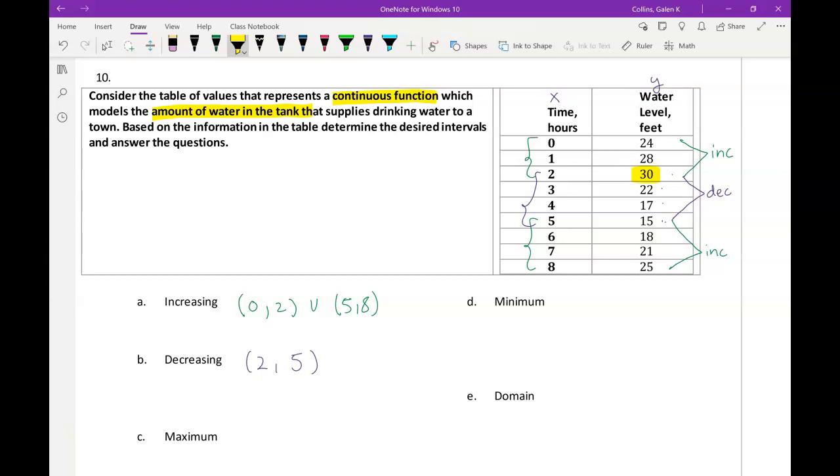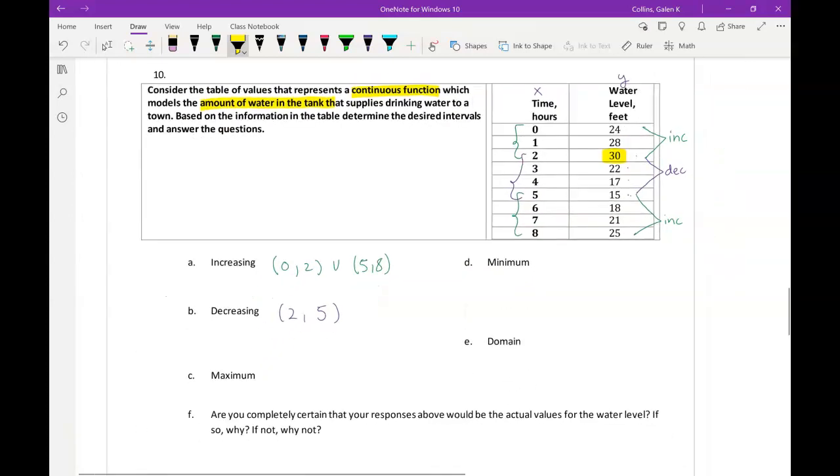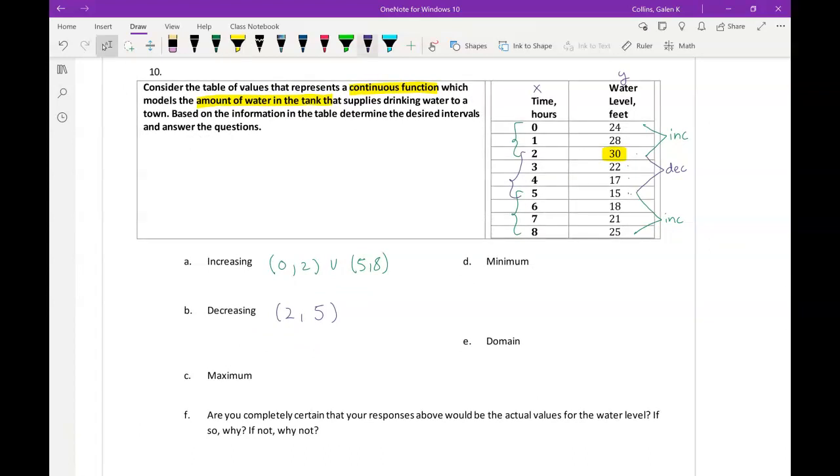And again, I can't stress this enough, we don't actually know. It's possible that between hours 2 and 3 the water level is greater than 30 feet and then it goes back down. So we're just going to answer this based on the table. I'm going to say y equals 30.